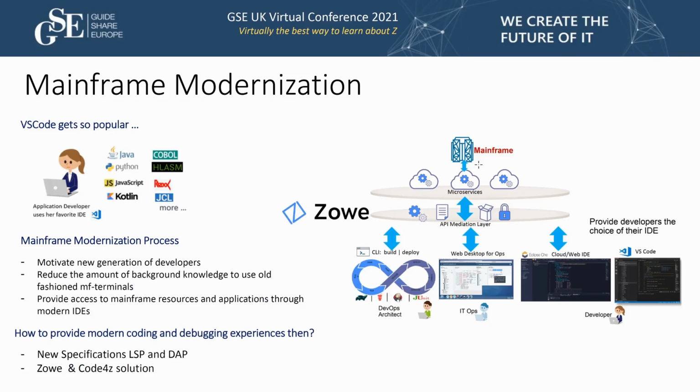So the idea is to give a developer the choice of their own IDE during coding, so a developer who codes on mainframe software like COBOL, HLASM, and many others will be motivated to choose their favorite IDE.